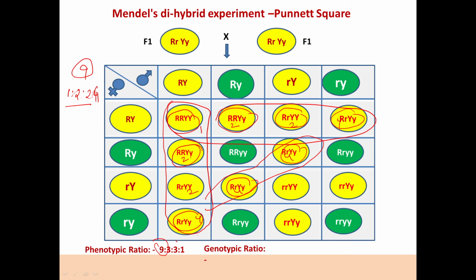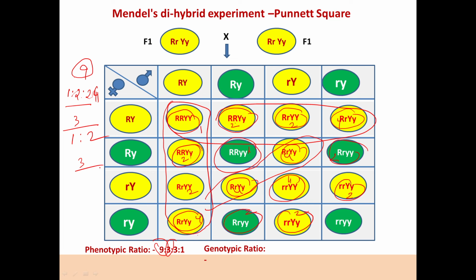Again if I come to this 3, one is this, one is this, and one is this. So here also this is the single, and these two are similar. So from phenotypic, if I come to the genotypic, this 3 becomes 1:2. Again from another 3, this is the single and these two are similar.